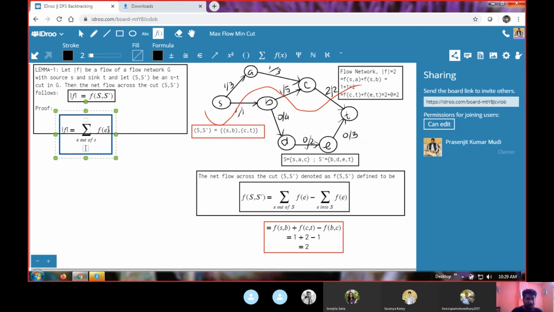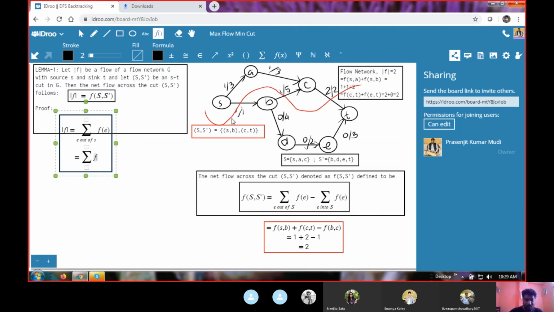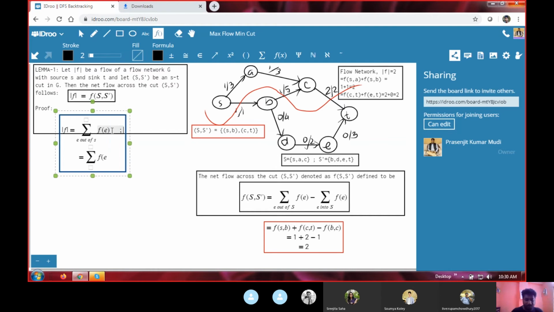Next, in the next line, what we can write is equal to the summation over, so this means flow of S comma A plus flow of S comma B. That is the meaning of this line. So flow of all edges, the edges which are coming out of S source. I just want to mention here, small s is the source vertex.